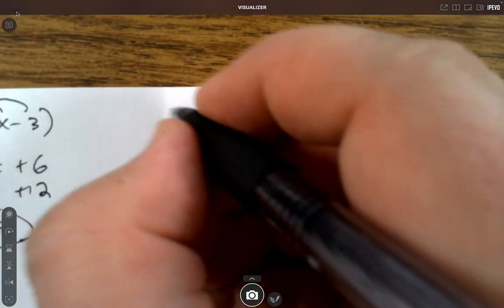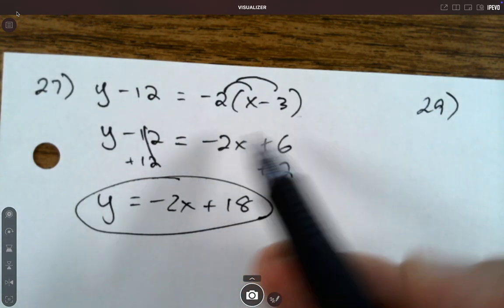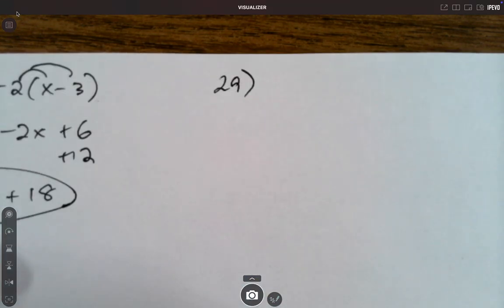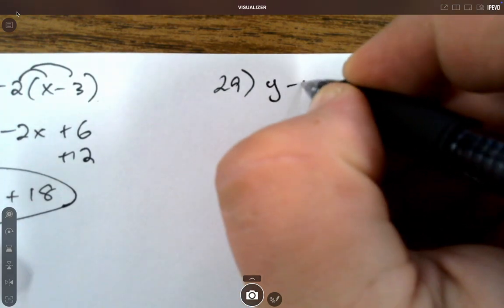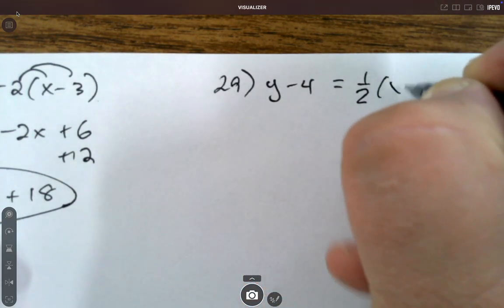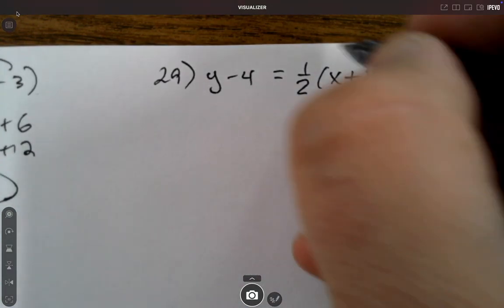And that's the pattern every time when you're going from point slope to slope intercept. You distribute, then add or subtract the constant with the y to get y by itself. So on 29 we have y minus 4 equals 1/2 times x plus 2. We distribute the 1/2.